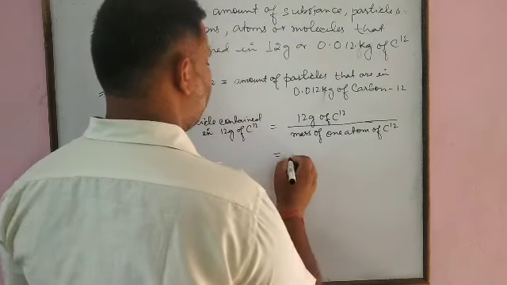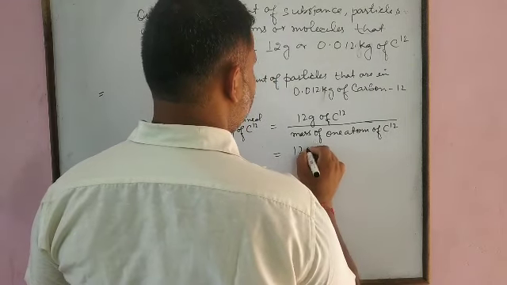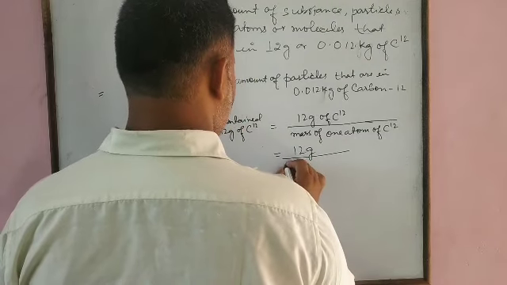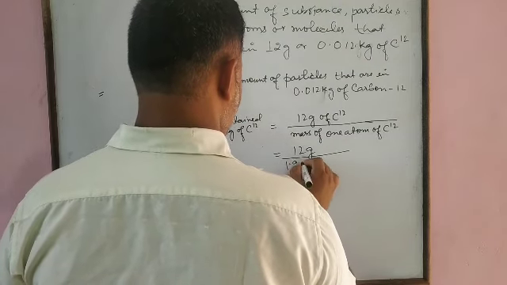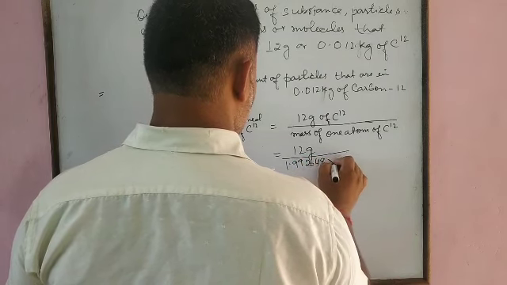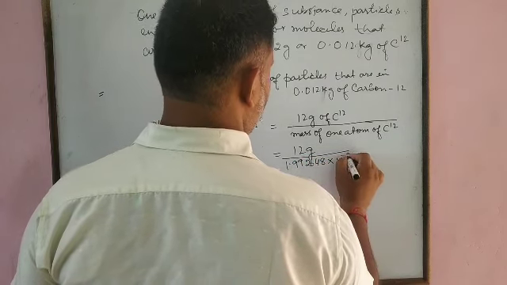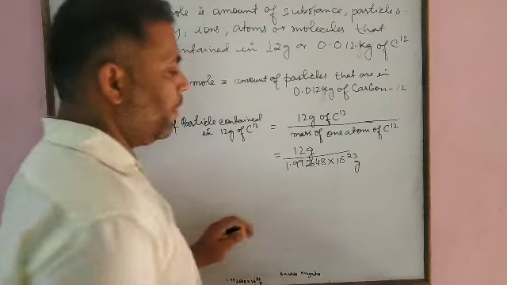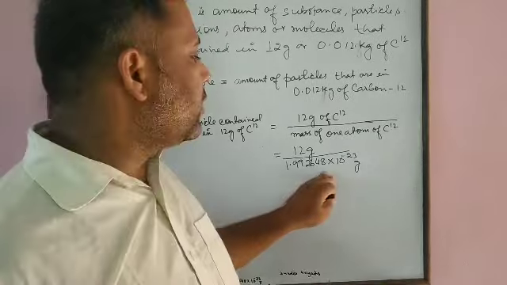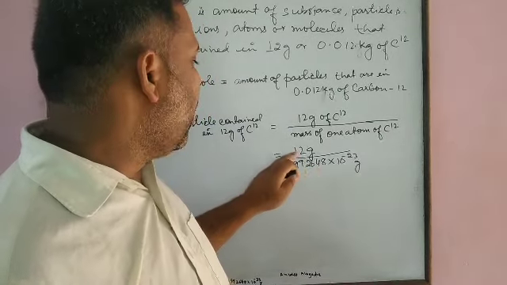By means of mass spectrometry, we know the mass of one carbon atom is equal to 1.99264 into 10 to the power minus 23 gram. This mass of the atom was determined by mass spectrometry, and this is 12 gram.